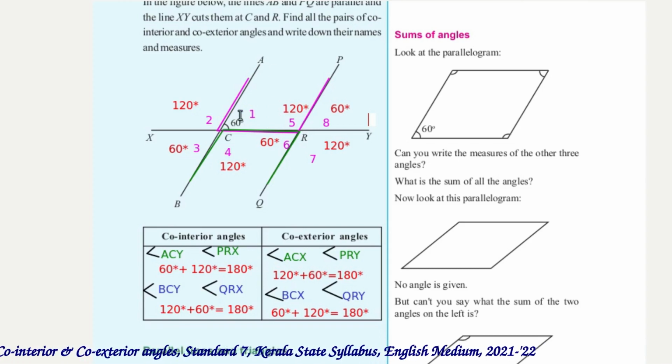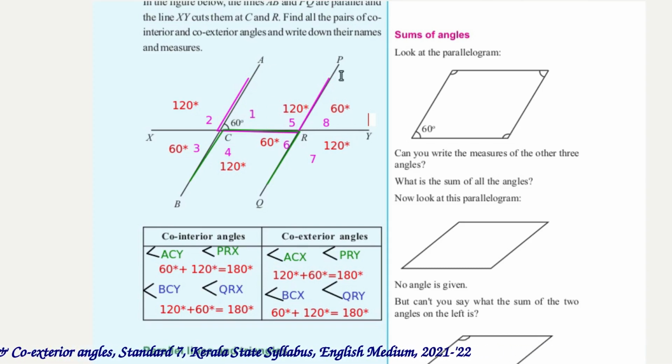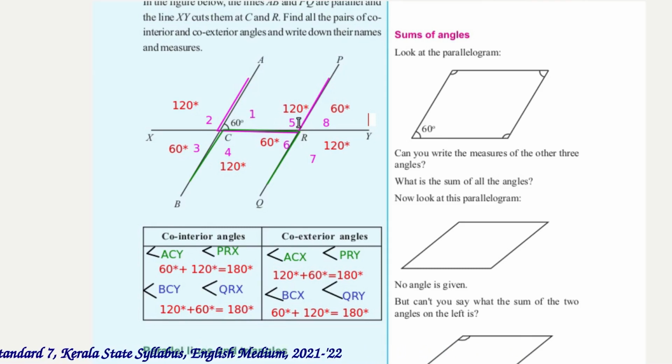So we can say that angle ACY and angle PRX, these two angles, are co-interior angles. Again, you can see another pair of co-interior angles, this one BCY and QRX. Here it is angle 4 and angle 6. These two angles are called co-interior angles.